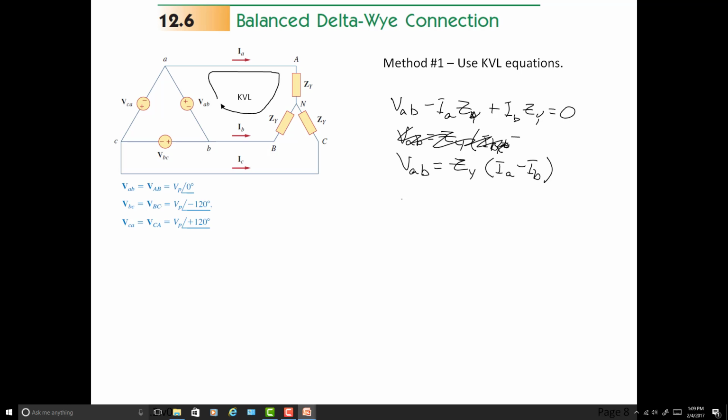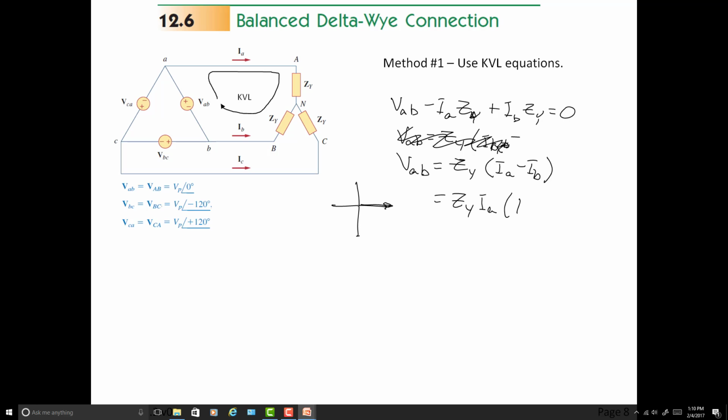So that means that we can solve this easily. We can make a substitution here, the obvious one, that this is IA, the magnitude, right, times something at 0 degrees, which I'll just call 1, and then we're going to subtract something at minus 120 degrees.